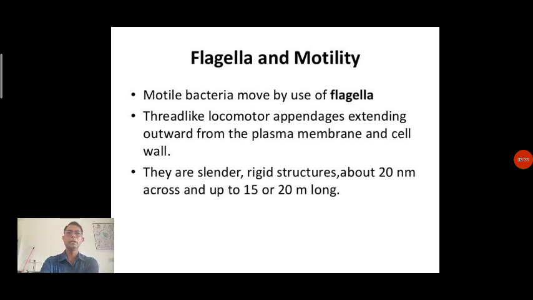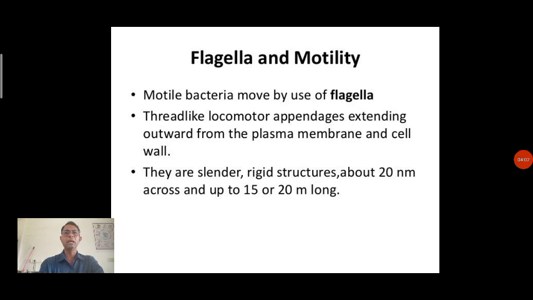They are slender, rigid structures measuring about 20 nanometers across and up to 15 to 20 micrometers long. Depending on the type of bacteria, the size and length of the flagella differ, but the main function of flagella is locomotion or motility.